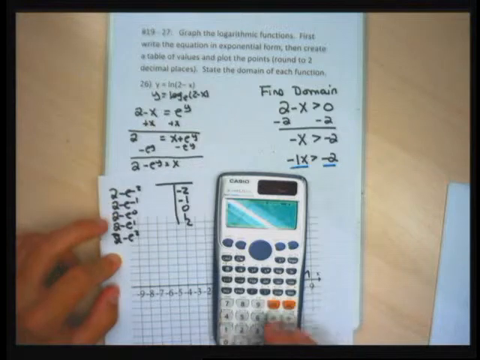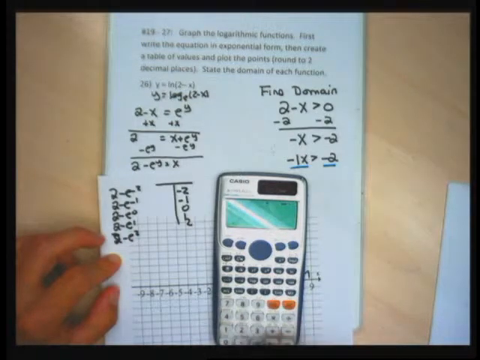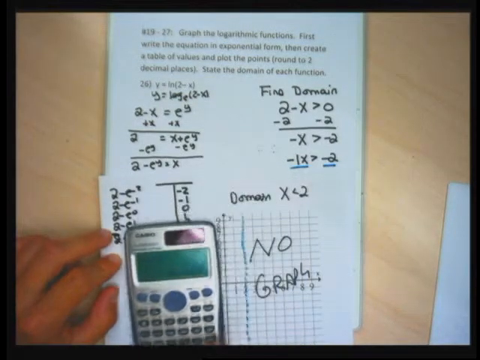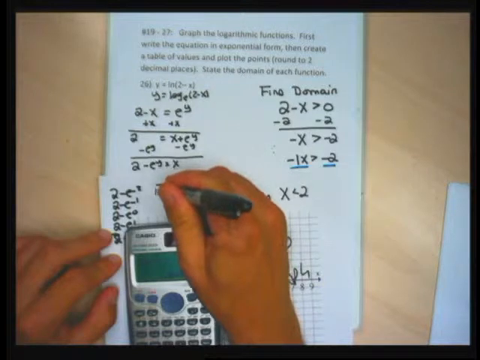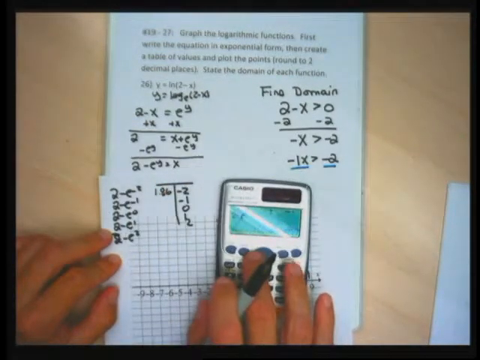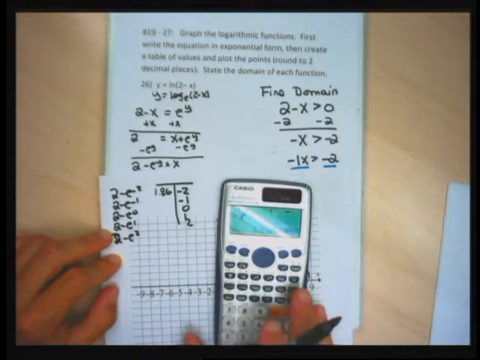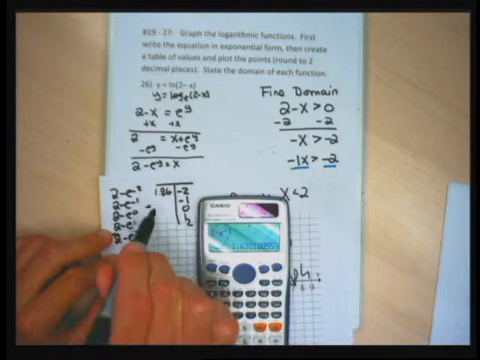So first one is going to be 2 minus e to the -2, and I get 1.86. And I probably could just go backwards, change the -2 to a -1, and I get 1.63.